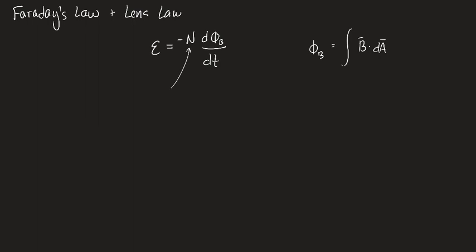We're talking about having a loop of wire, and in this case, the area represents the area of that loop. But it's a sum of the magnetic flux through that loop. That's why it's a summation. That's why it's an integral. So you have to first find out the amount of flux through your loop and then look and see if that flux is changing. If that flux is changing, then you're producing an EMF.